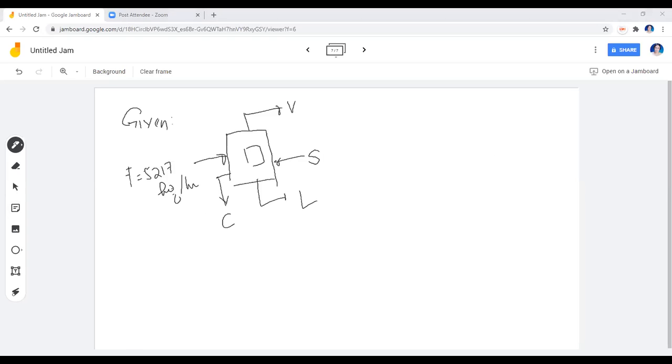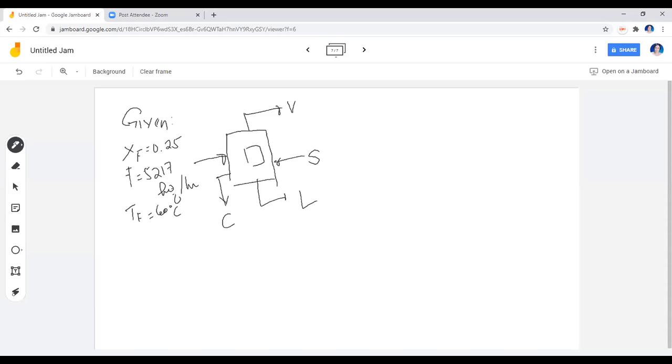Now it contains 25% NaOH and it is at 60 degrees Celsius. So we can write here XF is 25% NaOH at 60 degrees Celsius. So this is 0.25, and your TF is 60 degrees Celsius.